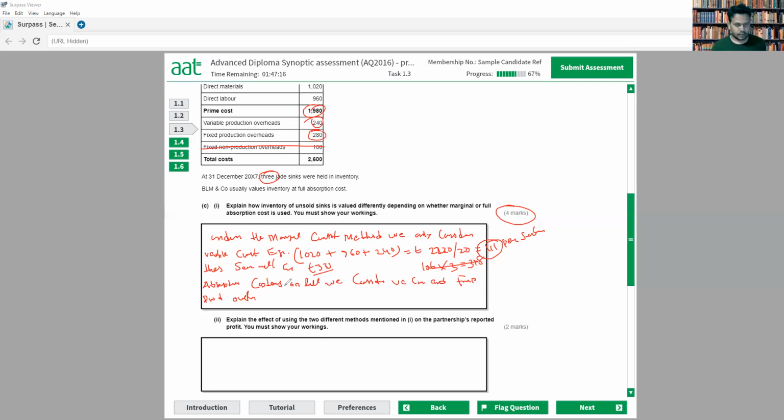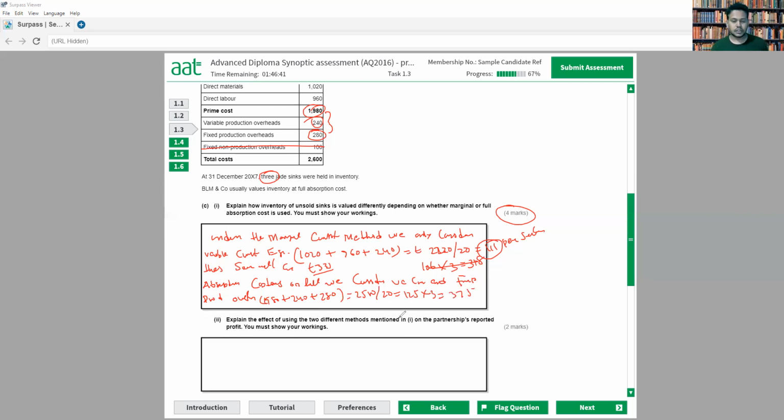So we'll add this: 1980 plus 240 plus 280, and this gives me 2500. So I need to show all this in the workings. 1980 plus 240 plus 280 gives you 2500, and divide by 20, that gives you cost per sink, that is 125, and times by 3, because 3 are left on the stock, so the closing inventory will be 375.